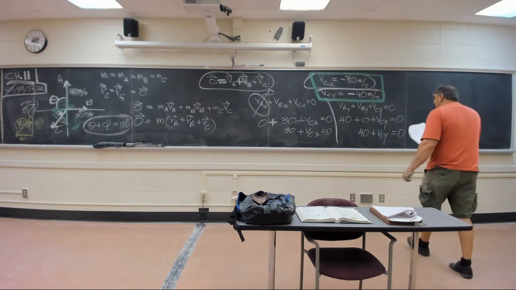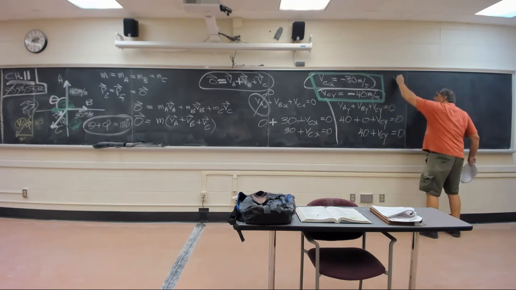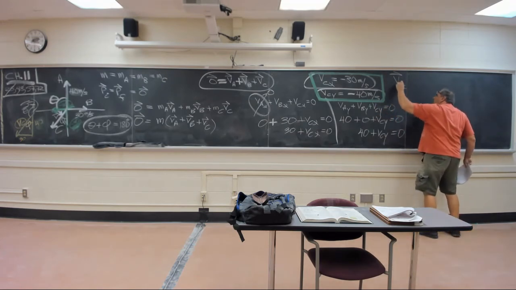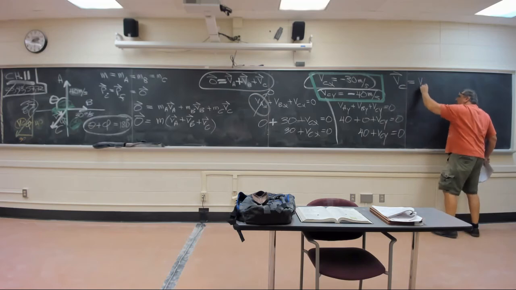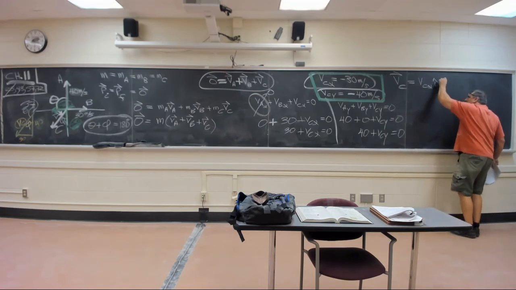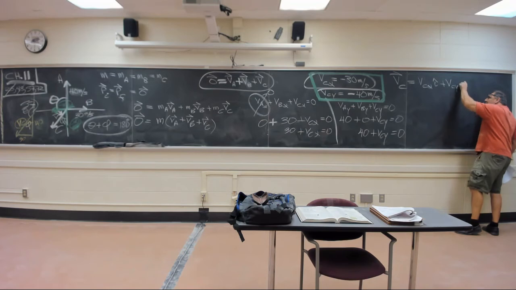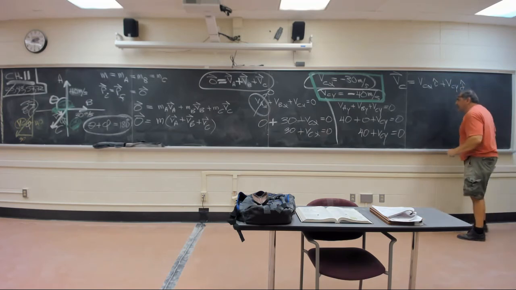Okay, so what about this? What are you going to say about it? Well, this kind of gets you there. The VC vector equals VCX i hat plus VCY j hat. This is all starting to look familiar.